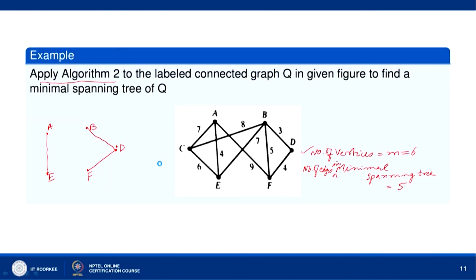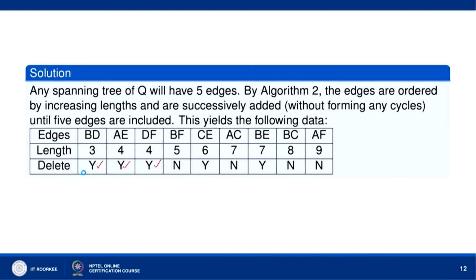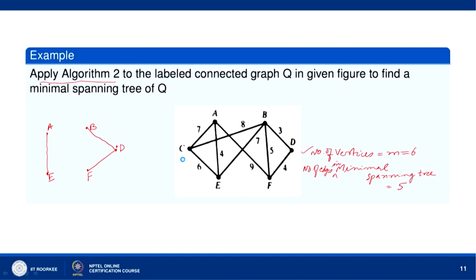Let us see, if we add BF, a circuit is formed. So, we shall not add BF. Then CE, shall we add CE? C is here. So, we can add CE.